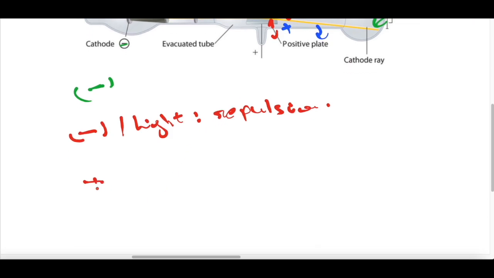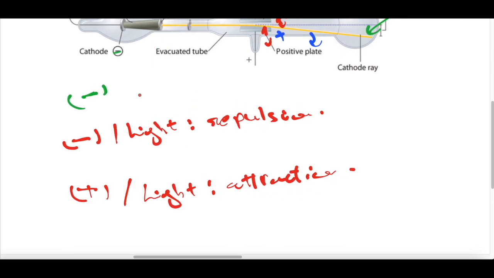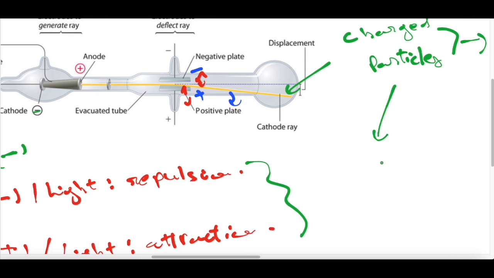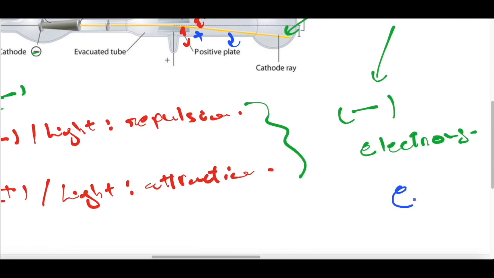So because like charges repel each other and opposite charges attract each other, it was easy to conclude that these particles were negatively charged, and we call them electrons, or e-.